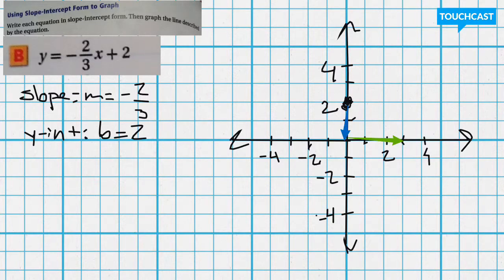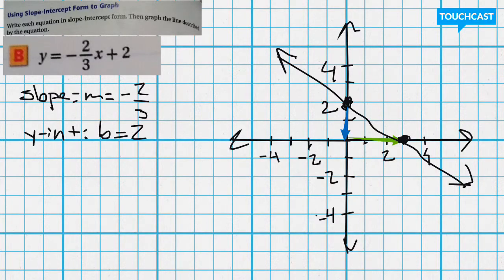And we're going to put a point there. And then we're going to connect those 2 dots. Put arrows on both sides of our line. And then we're done with example 3b.